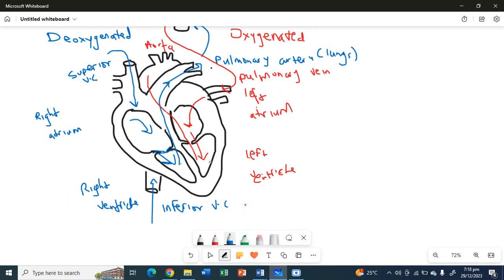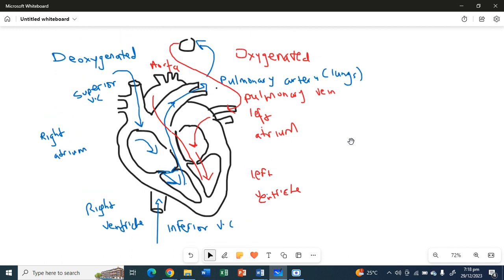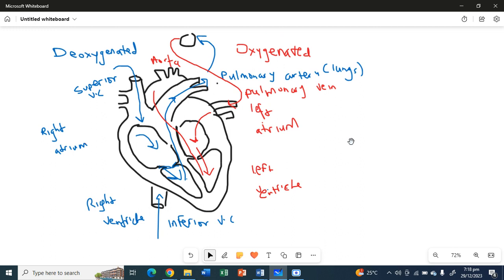The left ventricle has the thickest muscles because it has to pump blood throughout the body, and then it leaves the heart through the aorta, which takes the blood to the rest of the body. So that is the circulation of blood through the heart.